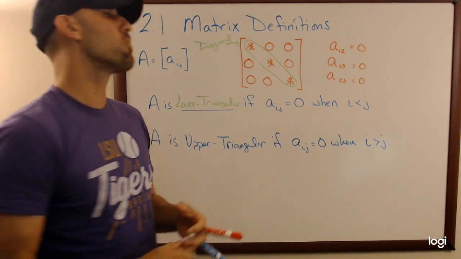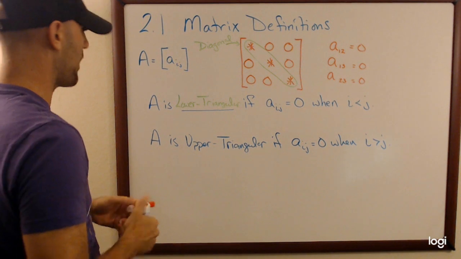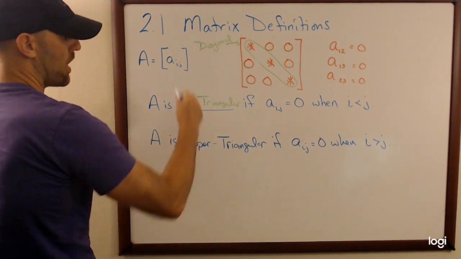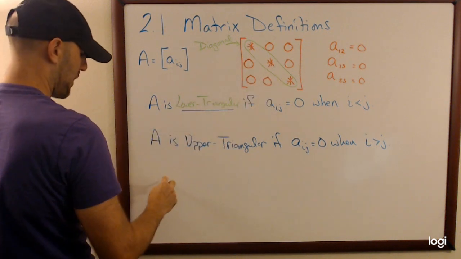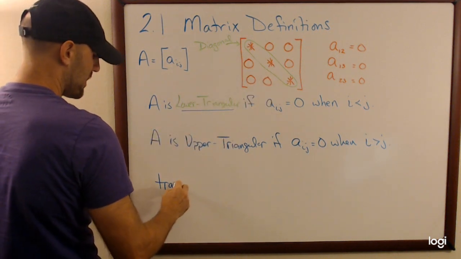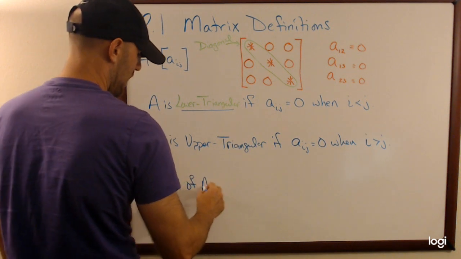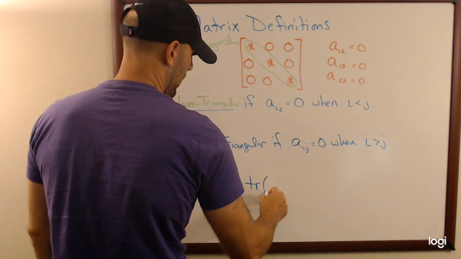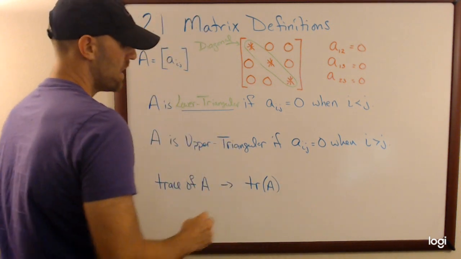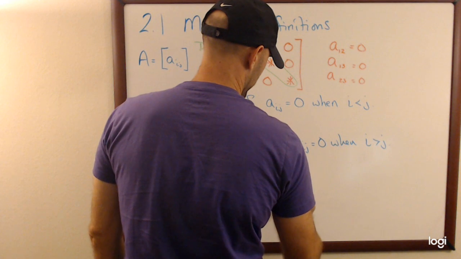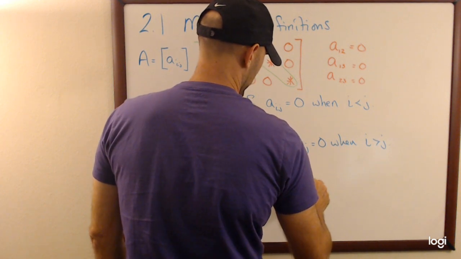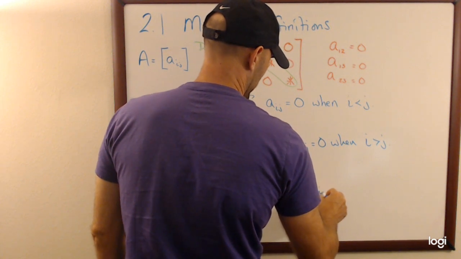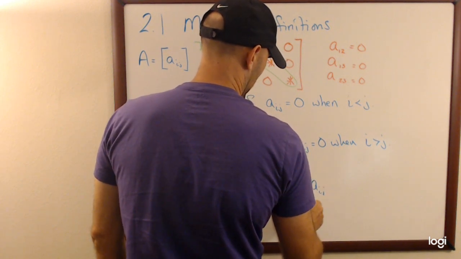There is a very random thing that's not going to come up very often, something that we call the trace. This will have a somewhat unrelated definition, but it is related to the diagonal. The trace of A, okay? So this is also notated tr(A), so the trace of A. This is the sum of all A sub ij where i is equal to j.